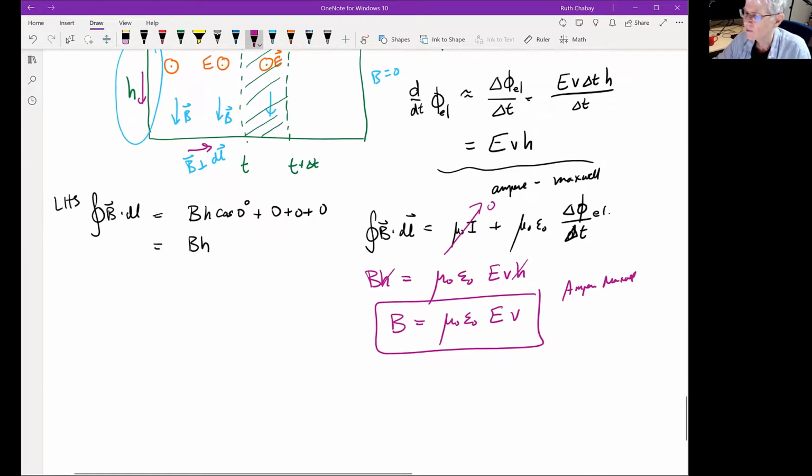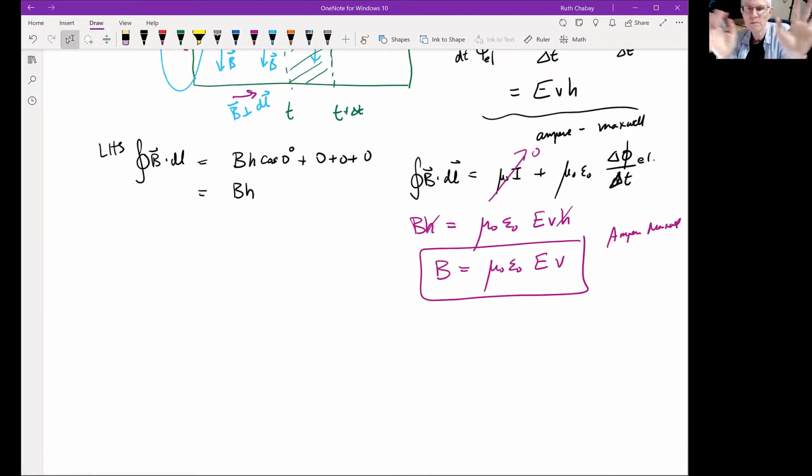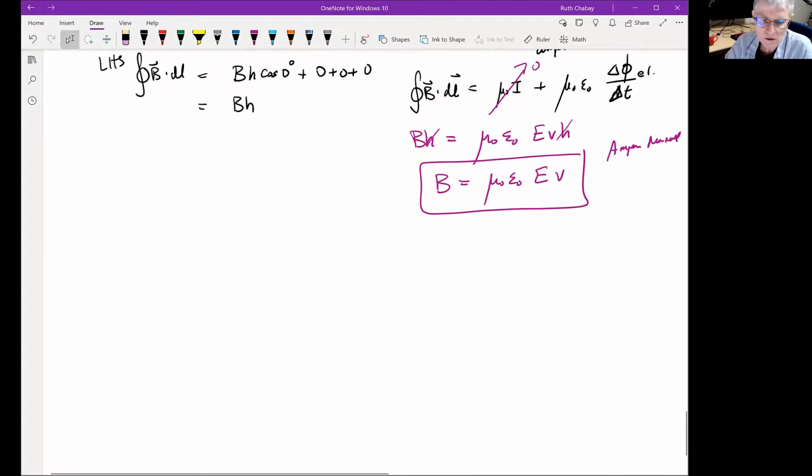And again, the Ampere-Maxwell law says our traveling pulse is fine as long as that's true. Well, where does that leave us? We have these two equations: E equals B v and B equals mu 0 epsilon 0 E v.